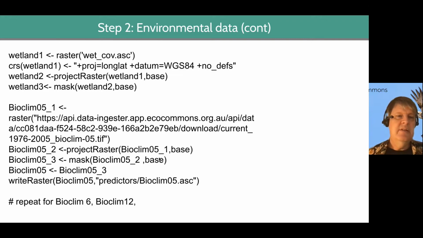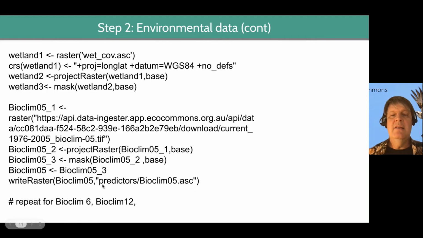So this is just doing the same thing for our bioclim variable. Bioclim variable 5 is downloading that from the web, and it's setting the resolution and the CRS as the same, setting the extent as the same, and giving it a new name.